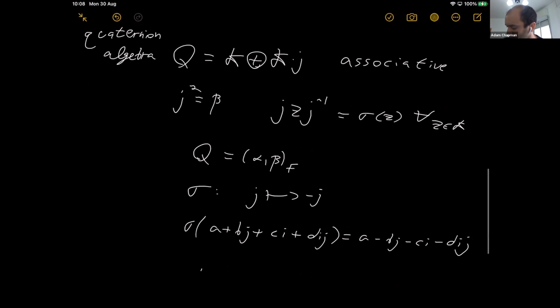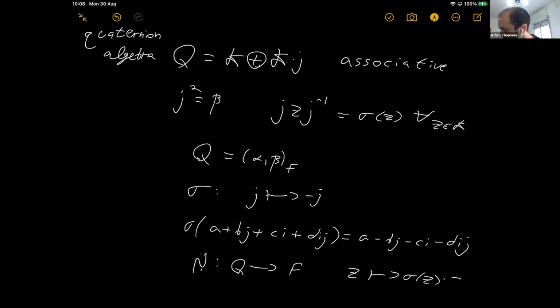And again, you have a norm form here from Q to F, mapping every z to sigma z times z. This is a quadratic form of dimension 4 over the base field F. And the algebra is a division algebra if and only if this quadratic form is anisotropic. If it's isotropic, meaning if it has a non-trivial zero, the algebra is just the 2 by 2 matrix algebra over F.